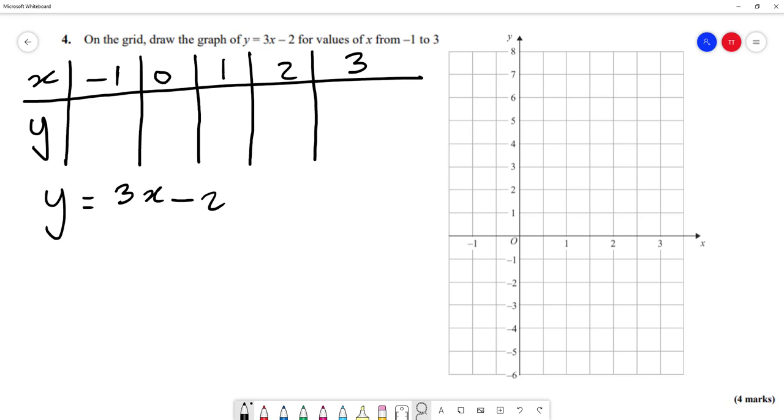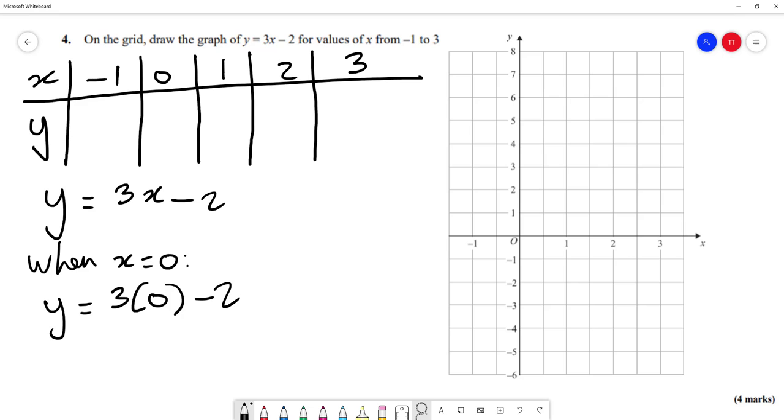Now I said to you the easy way to do it is to plug in x equals 0. So let's do that first of all. So y equals 3, remember the brackets mean times, 3 times 0 minus 2. 3 times 0 is 0, then we've got to minus 2, so y equals -2. So the y coordinate here is -2.